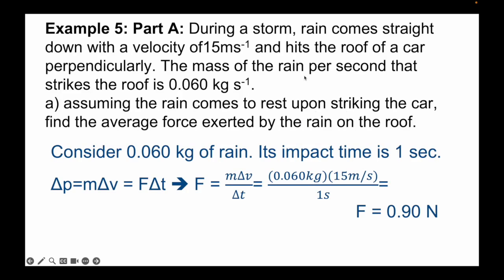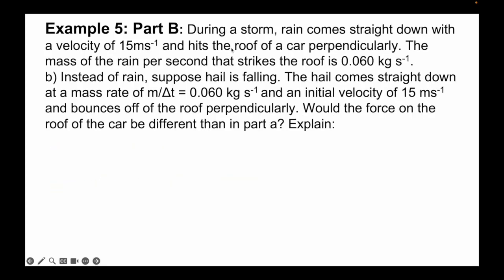I think the other one, we were looking at 15 meters per second too, so it's the same speed, same mass, but now we're talking about it bouncing, and it bounces off the roof perpendicularly. Would the force on the roof of the car be different than in part A? See if you can explain. Pause now and try it out.